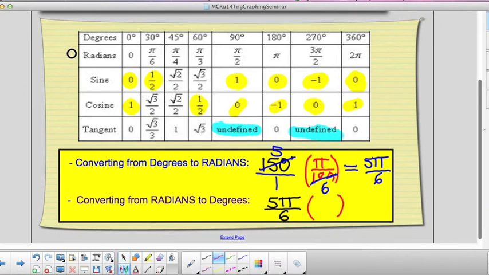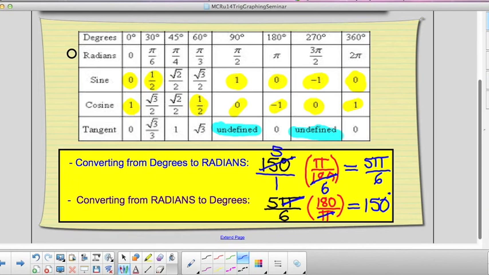Basically, what you're doing is 180 divided by pi. You're using the reciprocal of this because the pi's cancel out. This pi and this pi cancel out. So you essentially have 5 times 180 divided by 6, which would give me 150 degrees.